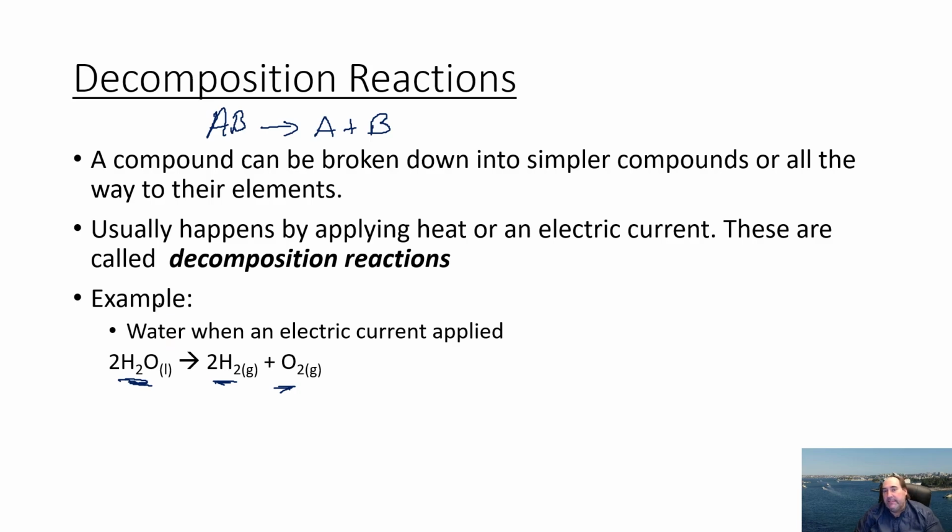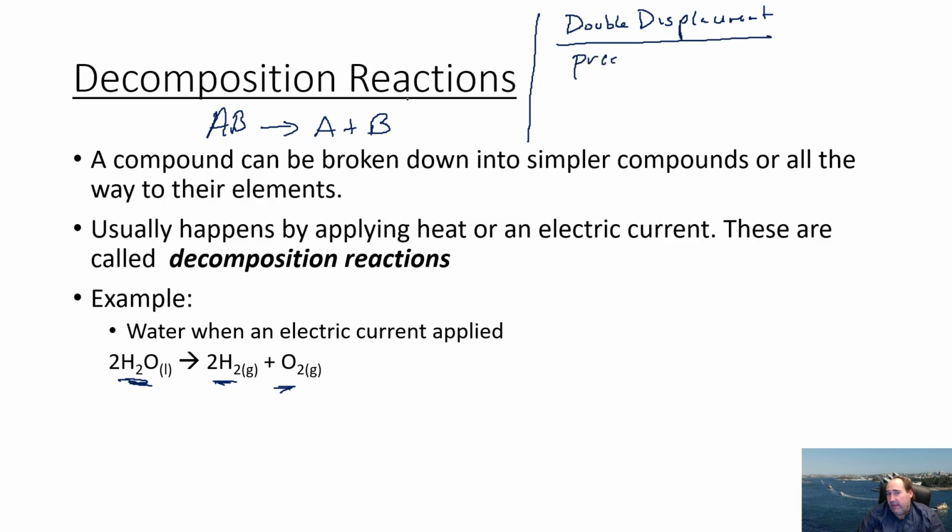So these are more specific ways we could classify reactions. So just to summarize where we are in these types of reactions: the big umbrella of double displacement has more specific classifications of precipitation reaction and acid and base reaction.